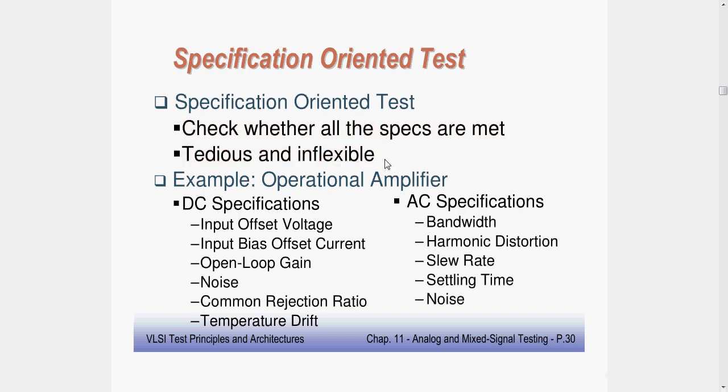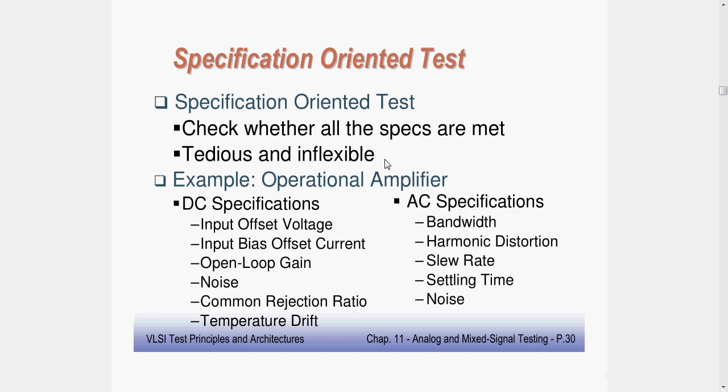A specification oriented test is more or less similar to exhaustive testing in digital ICs. In a digital IC, what is an exhaustive test? For a given circuit, you consider all the possible inputs and you check all those inputs. That is exhaustive testing.